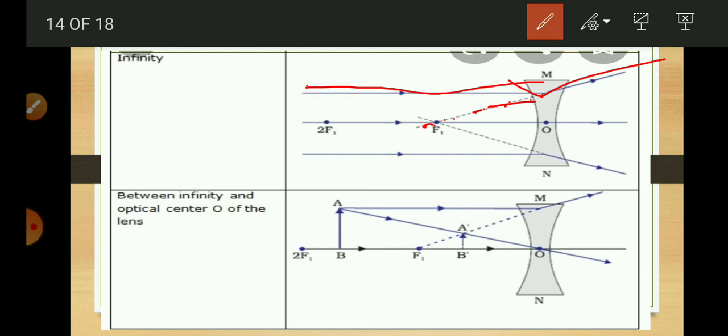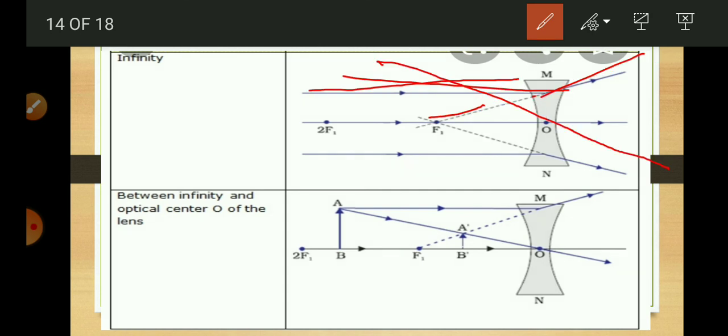Here we have taken both the parallel rays. Two rays are divergent rays, but if we extend them backward, they appear to meet at a certain point, that is on the principal focus.